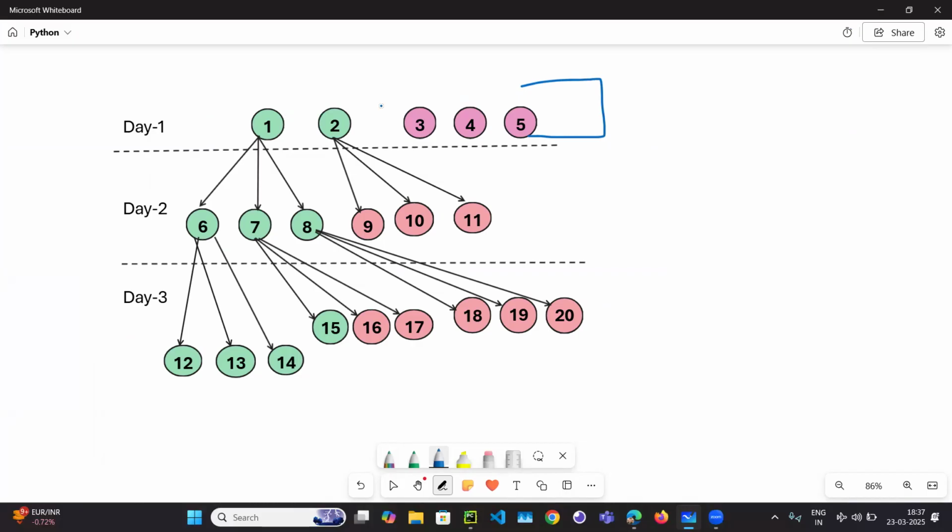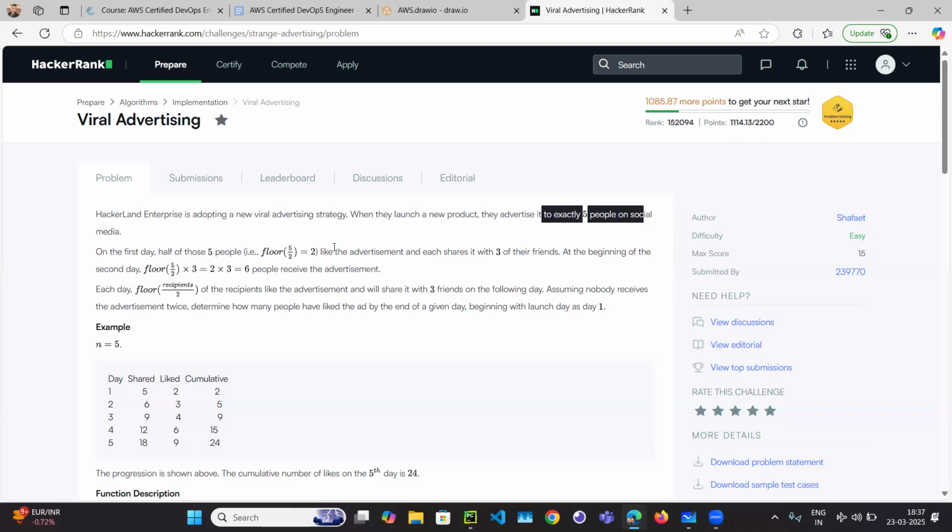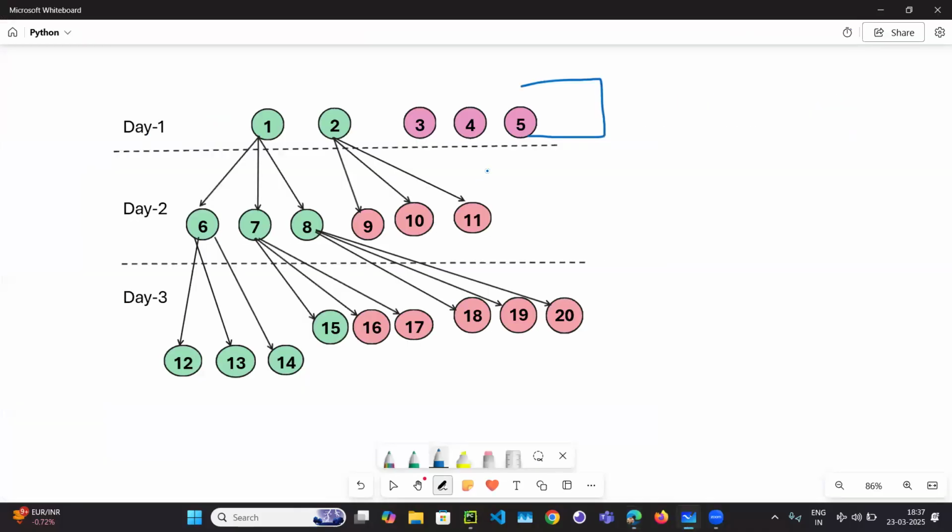Out of 5 people, half of the people will like the advertisement. So 5 by 2 is 2.5, and if we take the floor division, then it's 2. So it means 2 people like the advertisement.